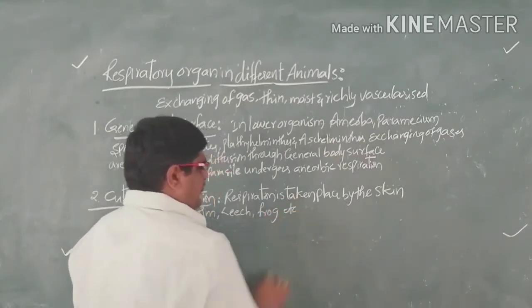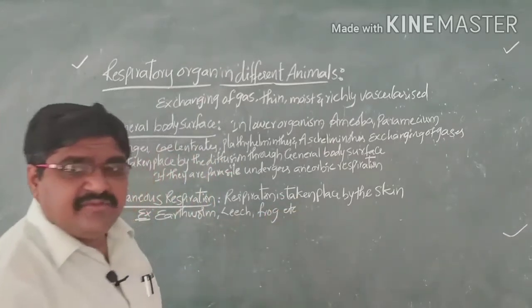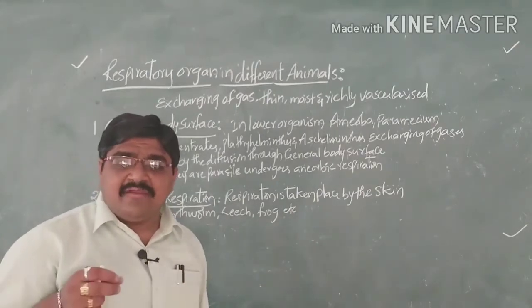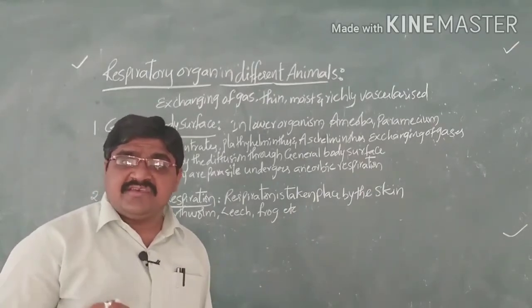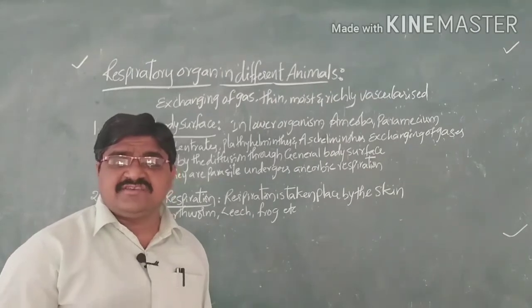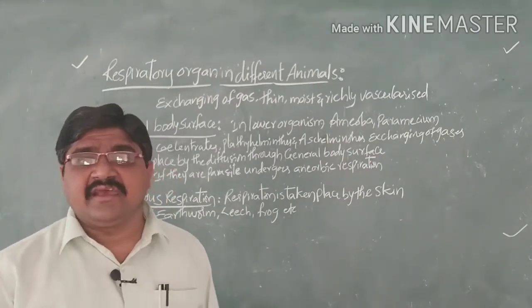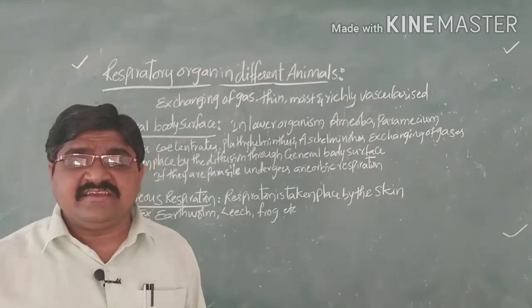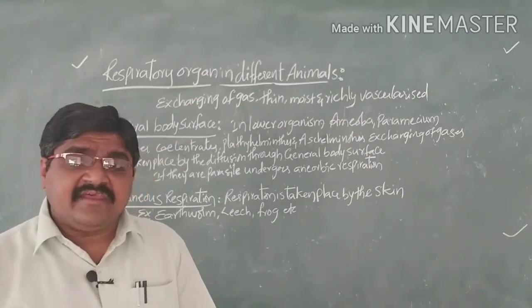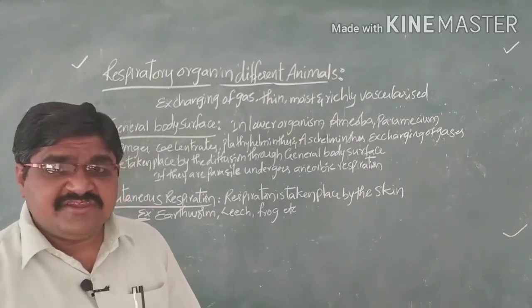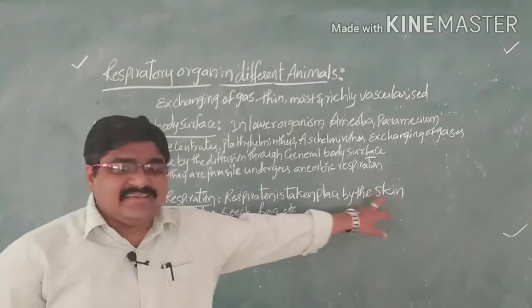While respiration takes place, the skin is very moist and thin, that means the skin is moistened and also has a rich supply of blood vessels, where respiration takes place through the skin.